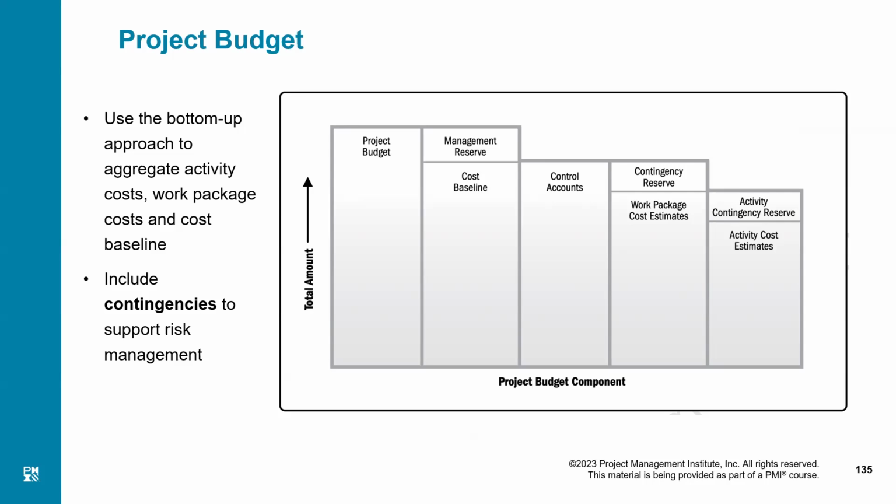So, in accounting calculations, it is not allowed to have any kind of contingency. But as far as the activities are concerned, they have risk, they have contingency. The work packages have risk, they have contingency. But the sum of the work packages within a control account would be just the control account's budget.